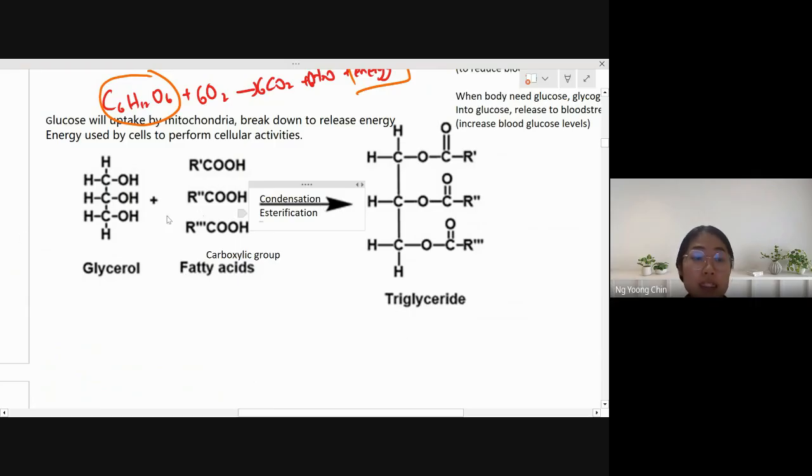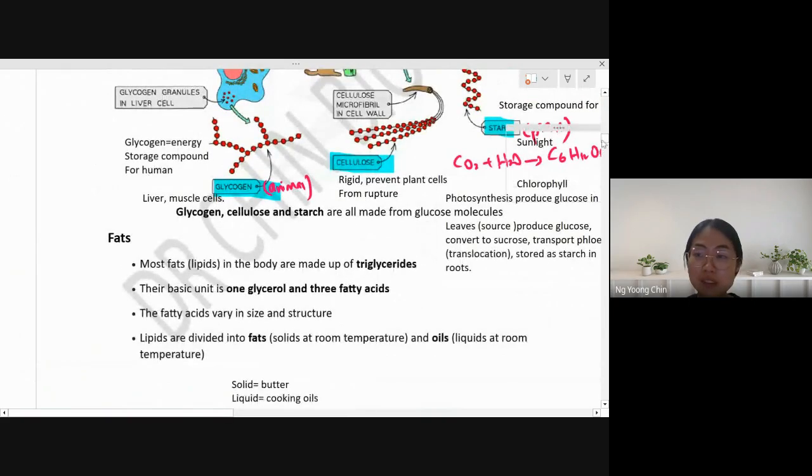So the ester bond is found between where? Between this C and O. See, this one. This is the ester bond here. Okay, so that's all about lipids.